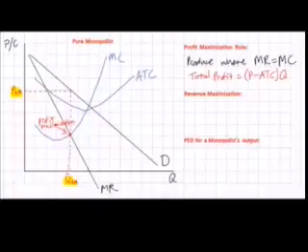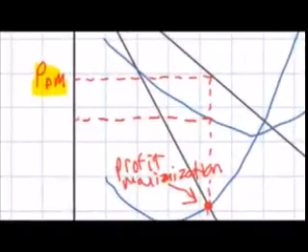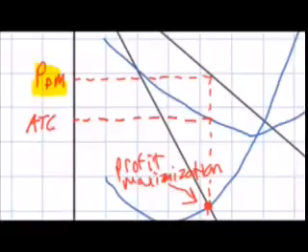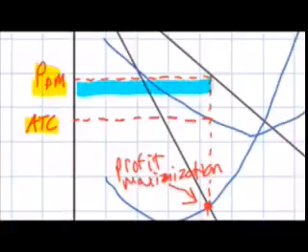In order to find average total cost, we'd go up from the quantity to our ATC curve, draw a dotted line over, and right there on our vertical axis is the firm's average total cost of producing QPM units. The area of economic profit, therefore, is simply the price minus the average total cost times the quantity. And on our graph, it is a rectangle.